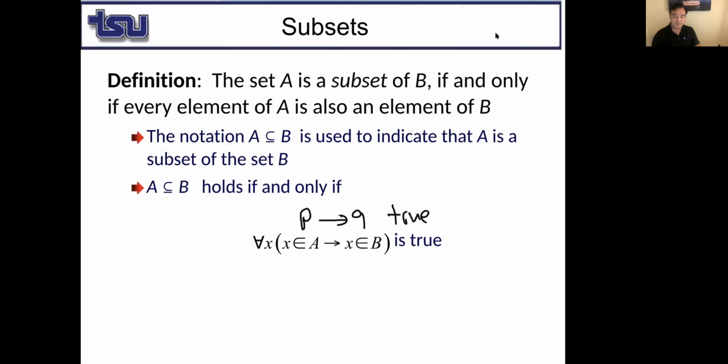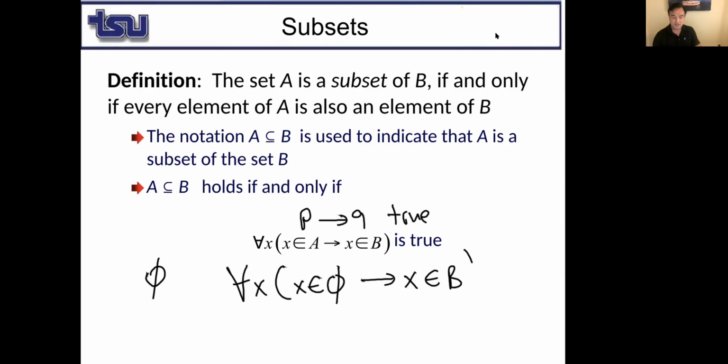So my question is, think about the empty set. Let's look at this. For every X in the empty set, does it imply that X is in B? Well, the empty set does not contain any element, right?